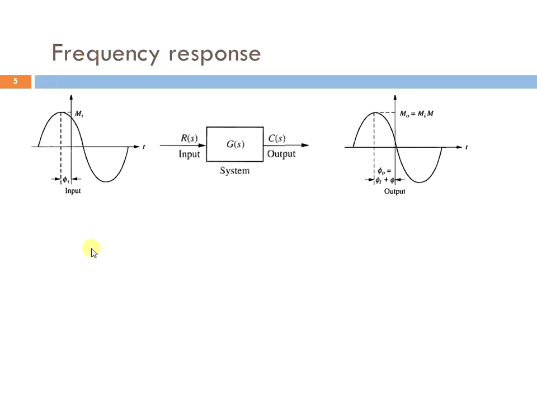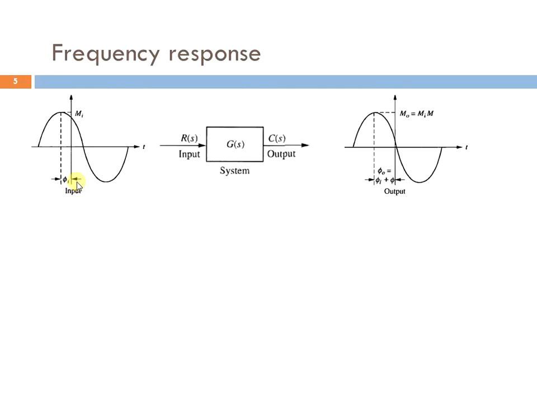What we find is that for a linear time invariant system, such as we are considering, both the shape and the frequency of the input and output signals are pretty much the same. The difference will be in the magnitude as well as the phase of the output relative to the input.